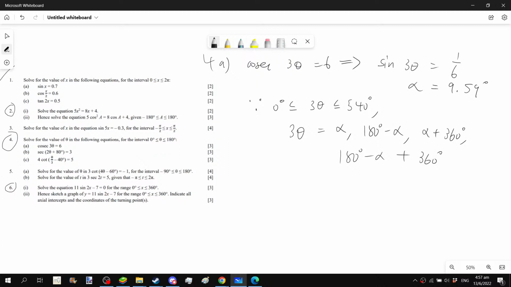And then from here, all you need to do is to go on to make theta the subject, and then you are done. So theta can be 3.2 degrees. Again, remember, leave it to 1 decimal place, not 3SF, because it is a non-exact answer in degrees.